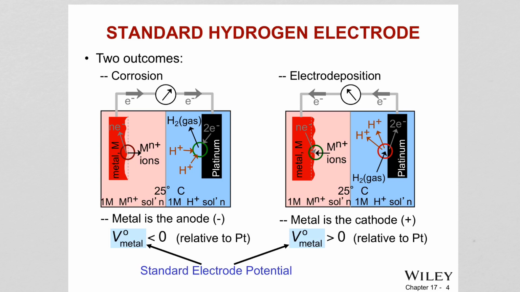Then the question is, how do we characterize the corrosion properties of different metals? So to determine the tendency of a metal to give up its electrons, we measure the potential difference between that metal that we are interested in and a standard electrode using a half cell.